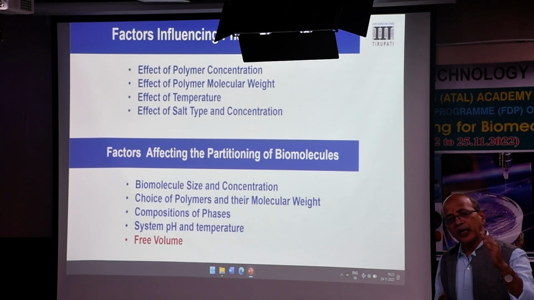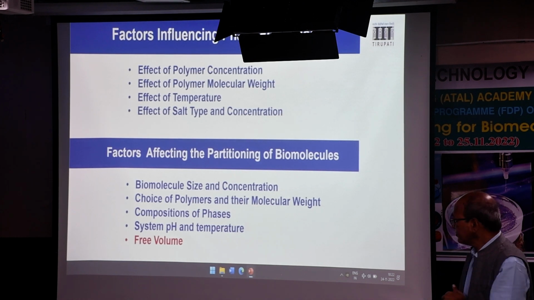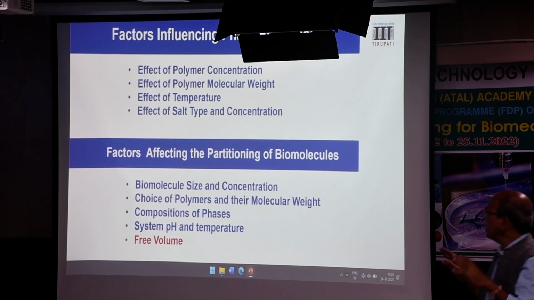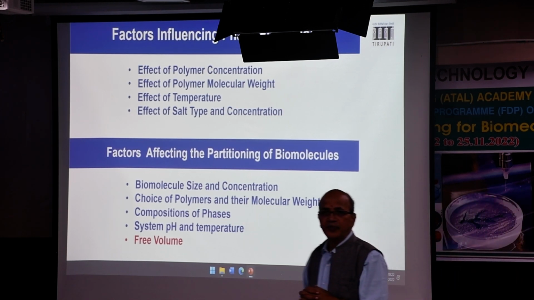It selectively partitions to one of the phases. It depends on several parameters like biomolecular size, its concentration, polymers and polymer molecular weight, composition of the phases, system pH, and temperature. Each has its own role.